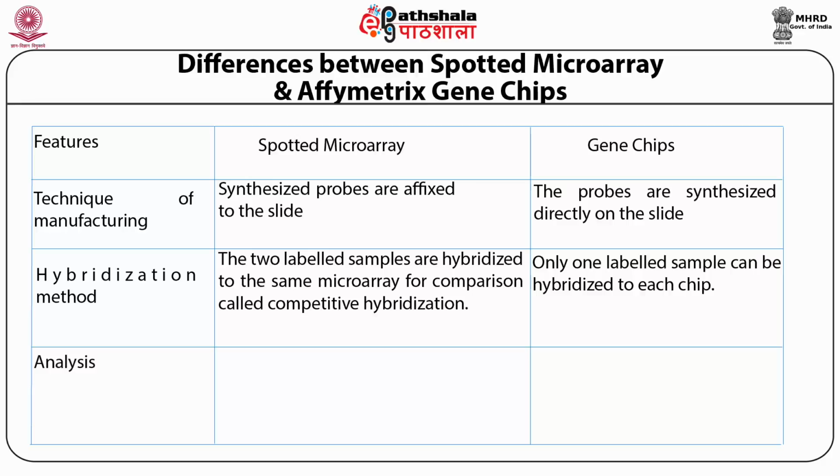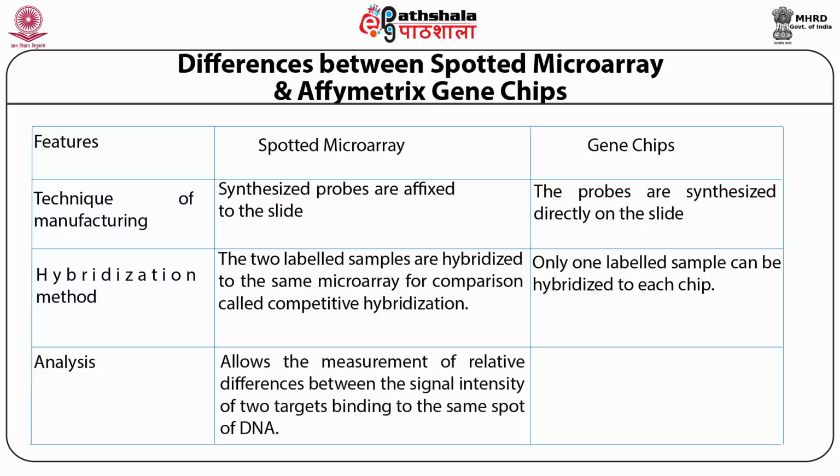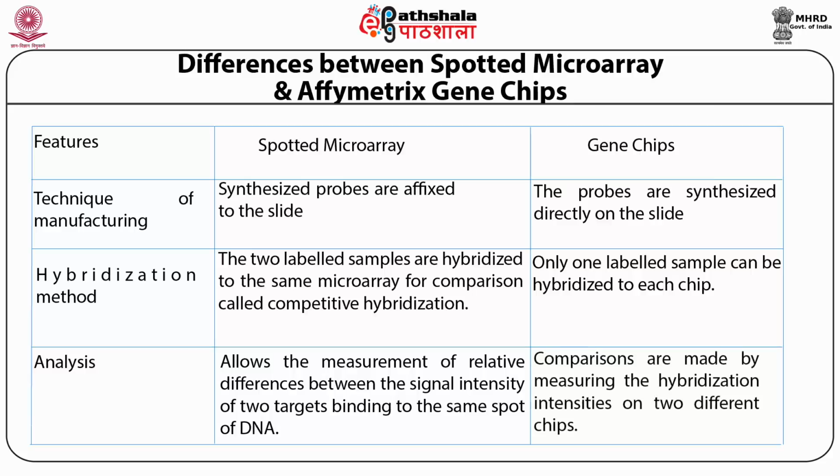In terms of analysis, spotted microarrays allow the measurement of relative differences between the signal intensity of two targets binding to the same spot of DNA, whereas comparisons are made by measuring the hybridization intensities on two different chips in the case of gene chips.